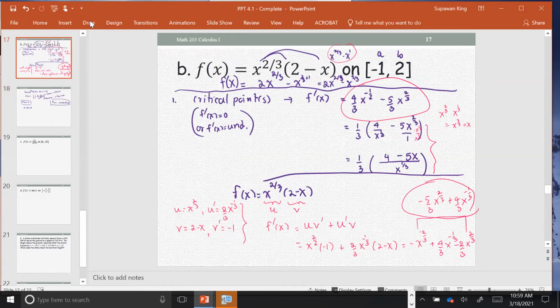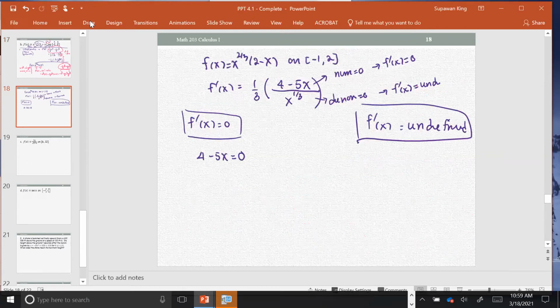I want to make sure I don't miss anything. Plus side, this is negative plus 4 minus, so negative 3 minus 2. That's the x. Okay, I see what I got.